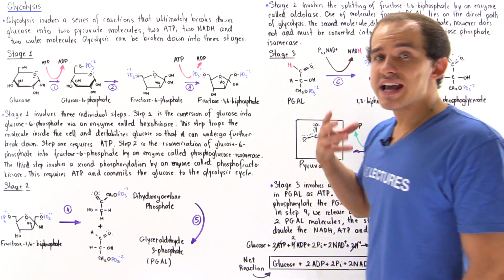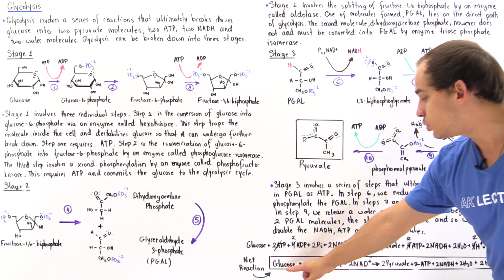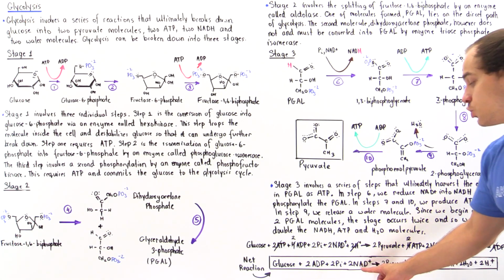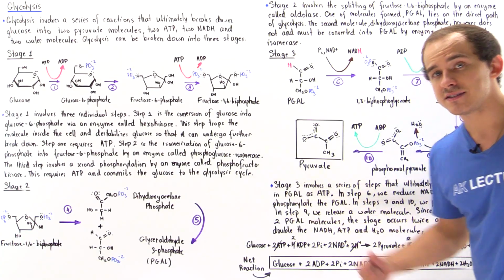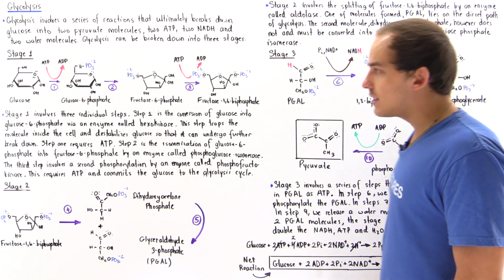So the net reaction of glycolysis is as follows. We have a glucose, 2 ADPs, 2 phosphates, and 2 NAD pluses on the reactant side, and the net result is 2 pyruvates, 2 ATPs, 2 NADHs, 2 water molecules, and 2 H plus ions.